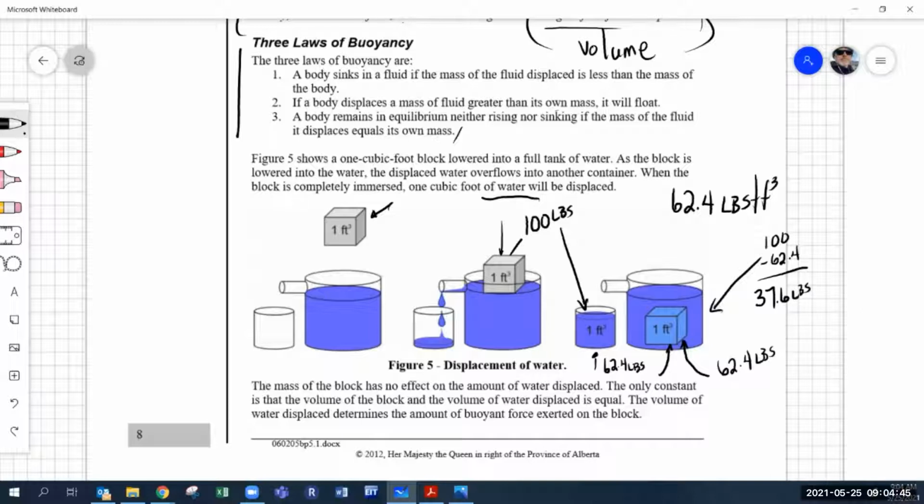This block only weighs 37.6 pounds when it's immersed in fresh water because of its volume.